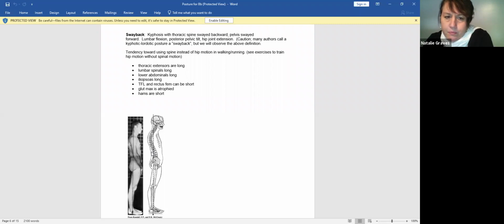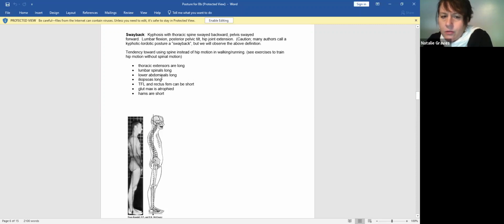Now, the lumbar paraspinals have gone from a position of tightening to now they are lengthening, because they're lengthening over that posterior pelvic tilt. The lower abdominals are long.